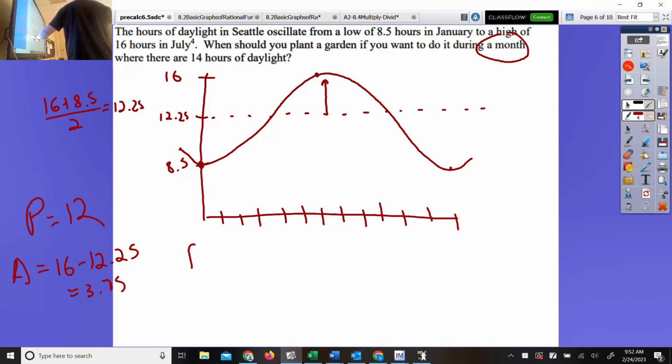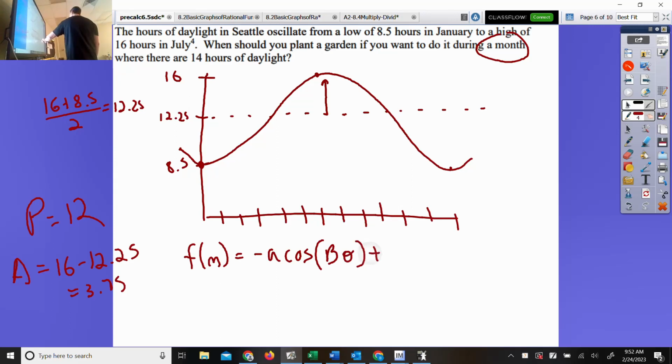So we're going to use this form, f of x or whatever it is. I guess f of m because it's the months. Yeah, we'll go with f of m. f of m is negative a cosine of b theta plus the midline. Since we're not doing a horizontal shift, we can just use b theta. K is your midline.